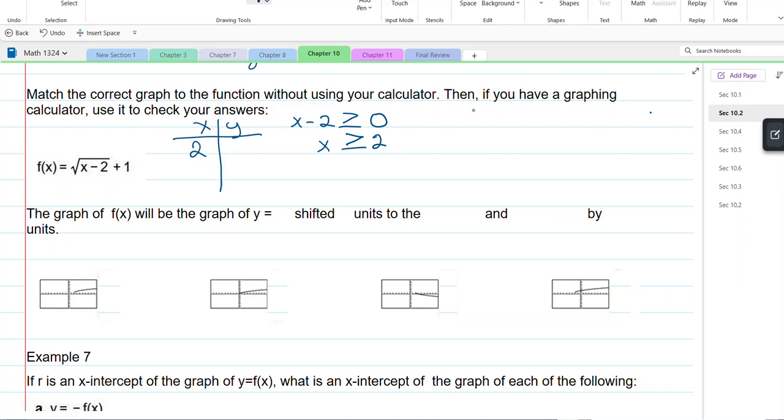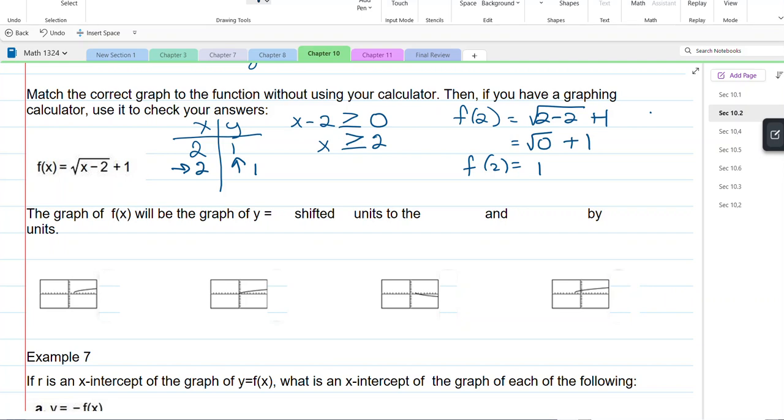So in this case, I'm saying f of 2 equals the square root of 2 minus 2 plus 1. So this is going to be the square root of 0 plus 1. So we have 1. F of 2 is 1. Well, that's our start point. And we can see what's happened. We've moved to the right 2 and up 1. The whole function from the parent function has moved to the right 2 and up 1 to create the start point.